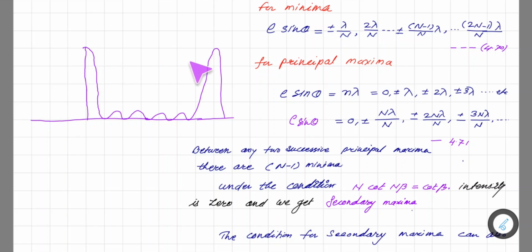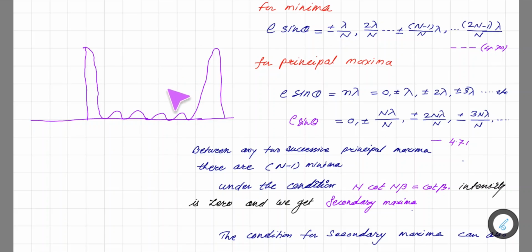This is a principal maxima, this is a principal maxima. Between these two principal maxima there are N minus 1 minima. So here it is 1, 2, 3, 4, 5.